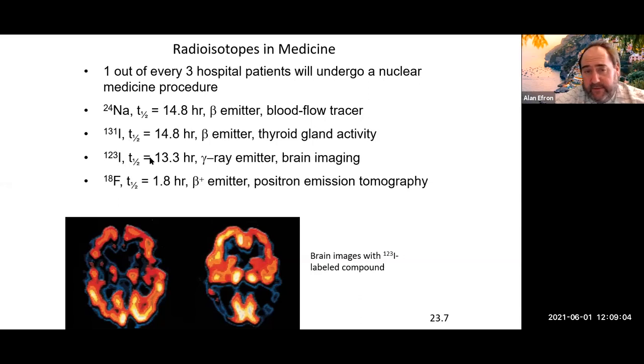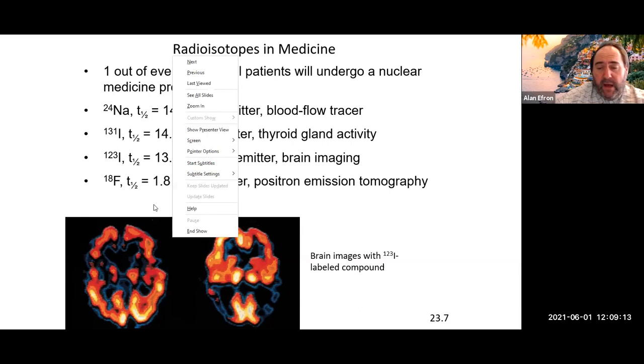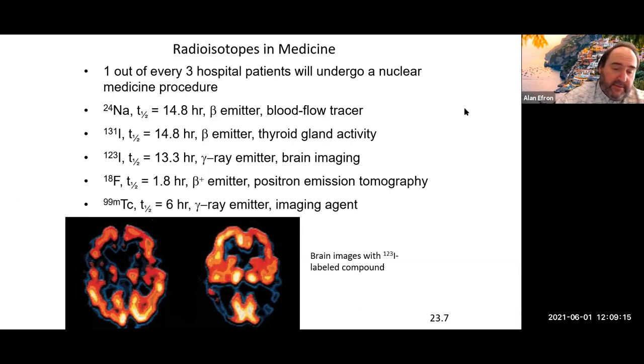Now, when we use isotopes, we can use them in medicine for a variety of uses. Obviously, when we would choose something for medicine, we would want to make sure that it has a half-life that is usually very small. We typically wouldn't want to use something that has a half-life of years, as the follow-up appointment would be very, very far down the road.